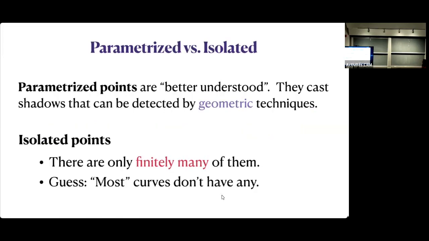Okay, so this was about isolated points. So let me go back. The second direction to follow up is going back to parameterized versus isolated. I told you this nice story about parameterized points being better understood because they come with this structure. Really, if you dig into it, what is better understood is how they arise, like where these families come from and what contributes to them.